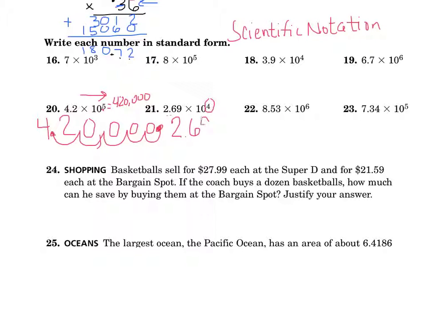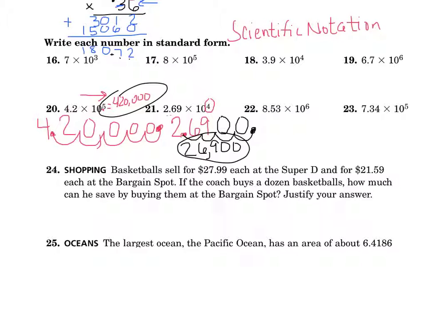So start with your decimal number. Start right there, and you're going to move around 4 digits. 1, 2. I ran out of digits, so I'm just going to still keep going. 3, 4. Now my decimal's over here, and what am I going to put in the blanks? Zeros. So my answer is 26,900.